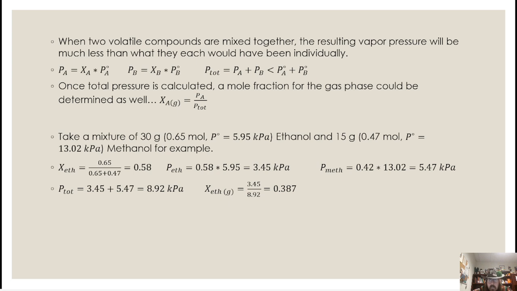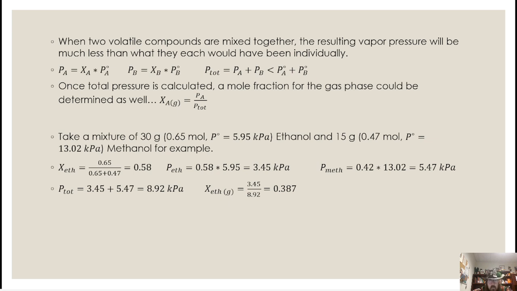And if I took 15 grams of methanol, which would be 0.47 moles, it has a much higher vapor pressure of 1302. So if I figure out the mole fraction of ethanol, that's about 0.58. And so because the mole fraction of ethanol is 0.58 and the mole fraction of methanol is 0.42, we can figure out the partial pressures of each.